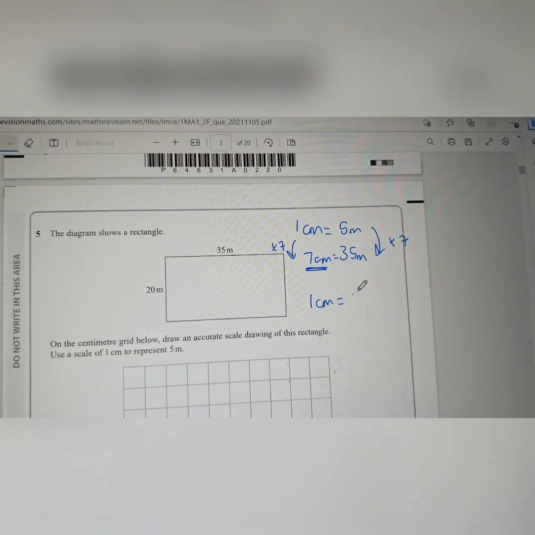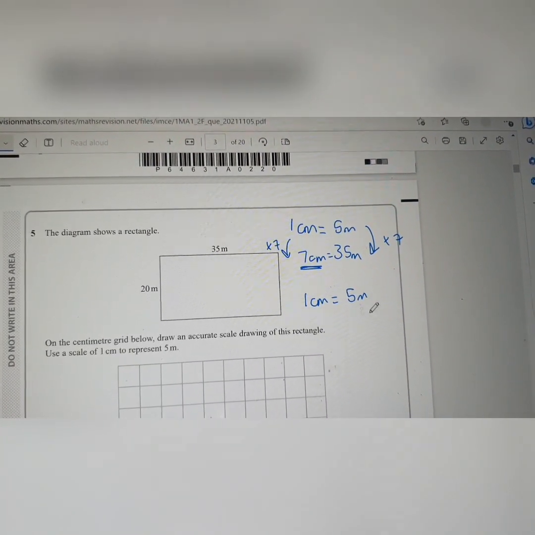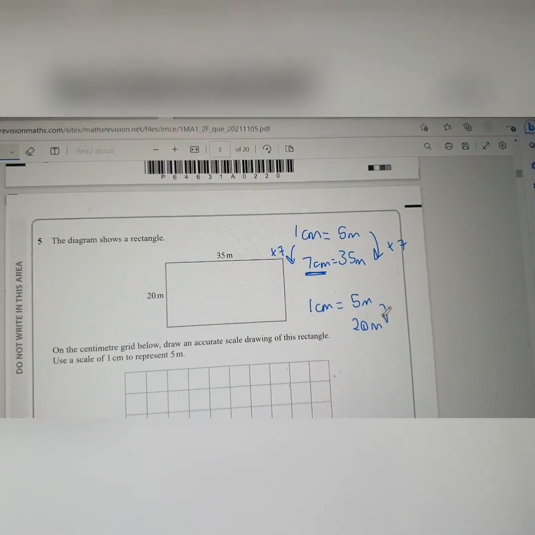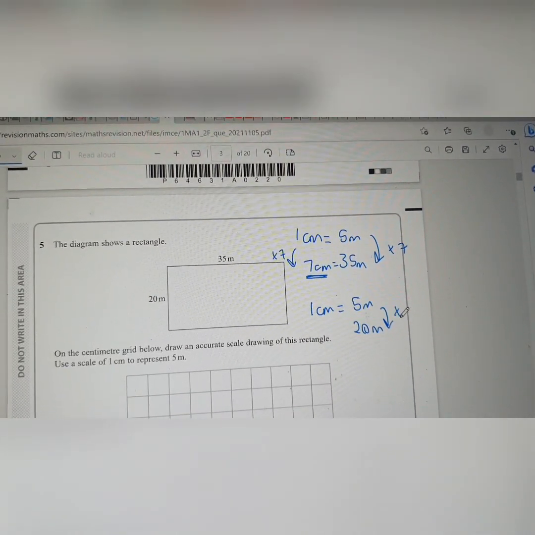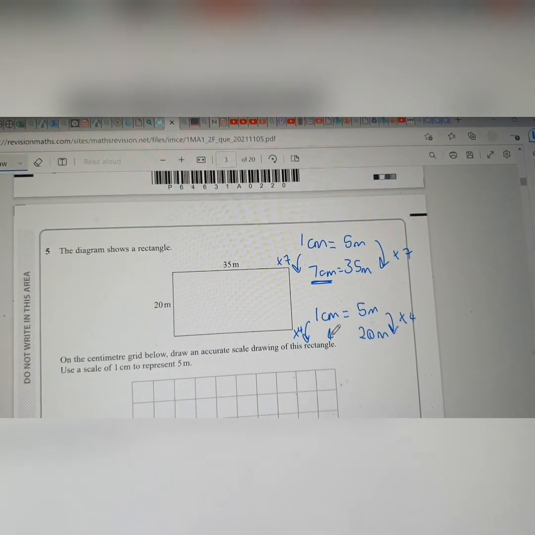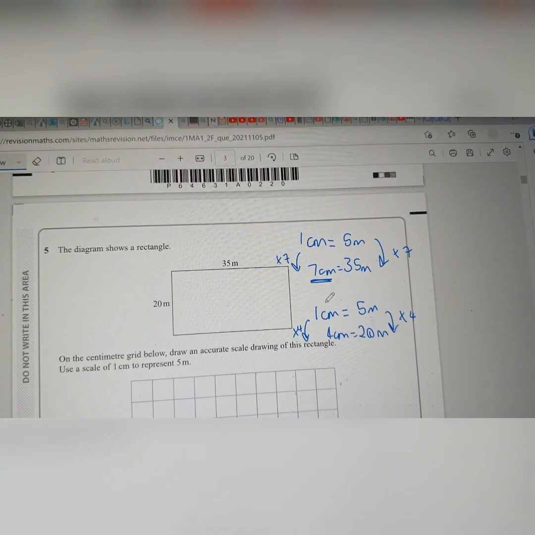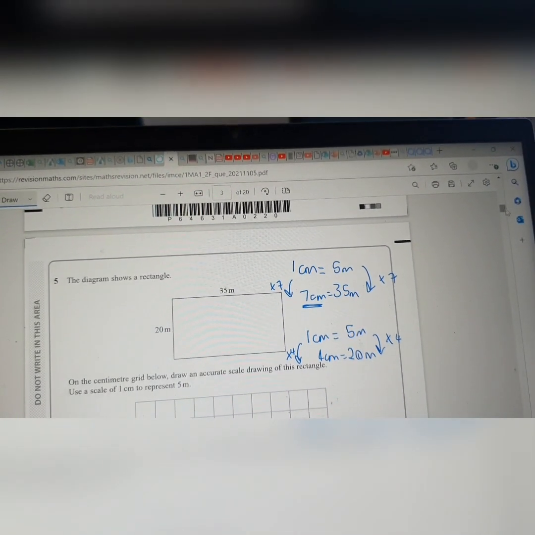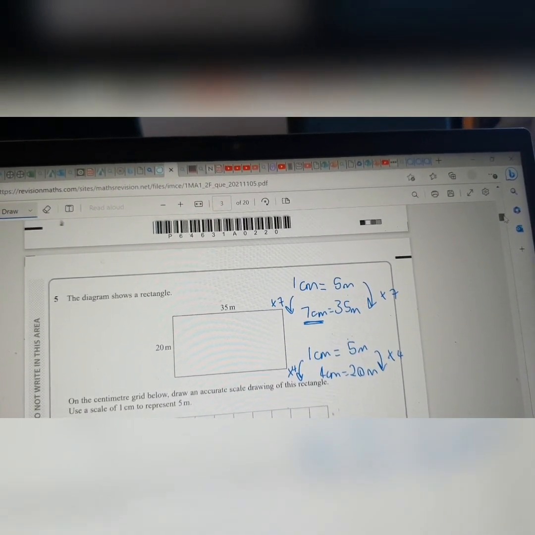Then I'm going to go again for the width. I've got 20 meters for the width. From 5 to 20, I'm multiplying by 4. So I need to multiply this by 4. So the width would be 4 centimeters. So I need to draw a 7 by 4 rectangle. So I'm going to count 1, 2, 3, 4, 5, 6, 7, and then by 4, 1, 2, 3, 4.